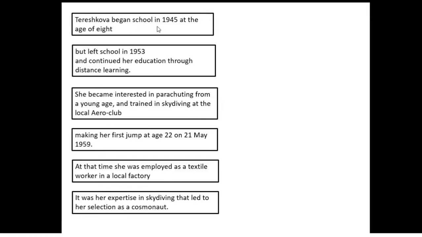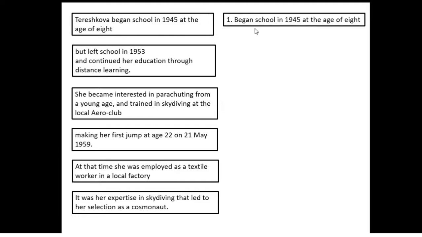Tereshkova began school in 1945 at the age of 8. As the question is about Tereshkova, we need not mention the name Tereshkova, just we can process this as a short note in this way. Began school in 1945 at the age of 8.